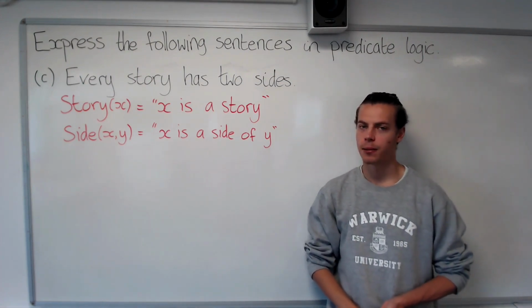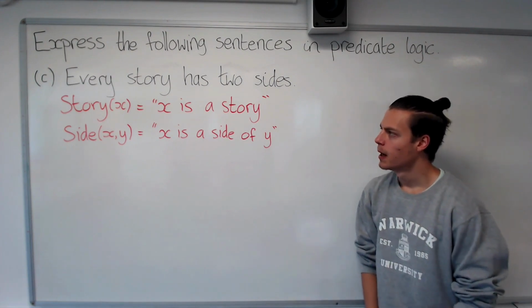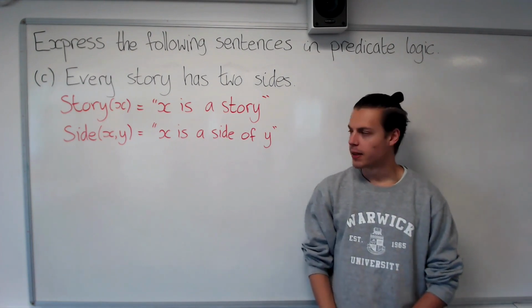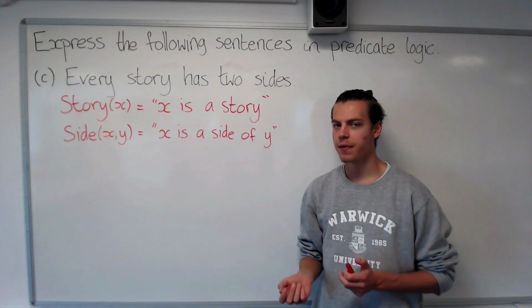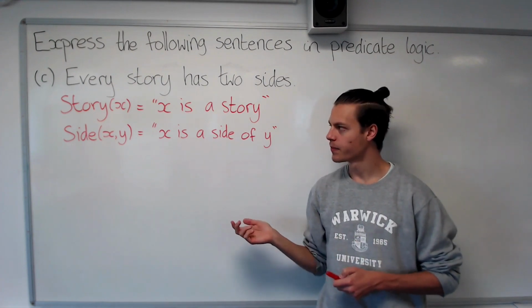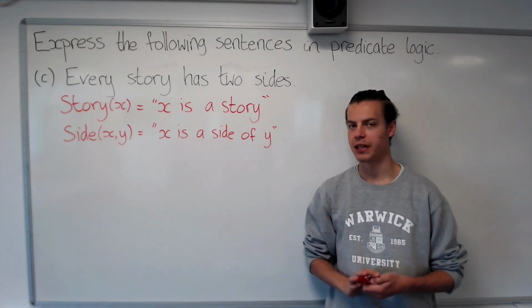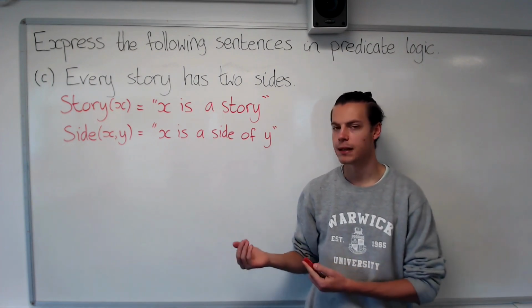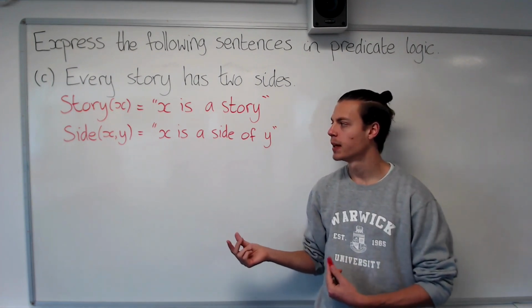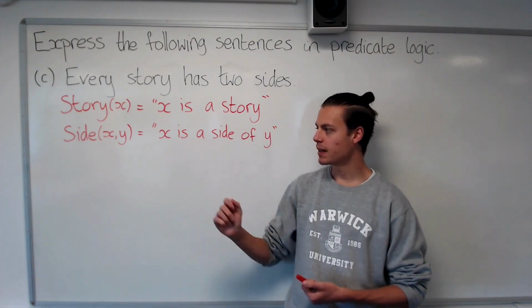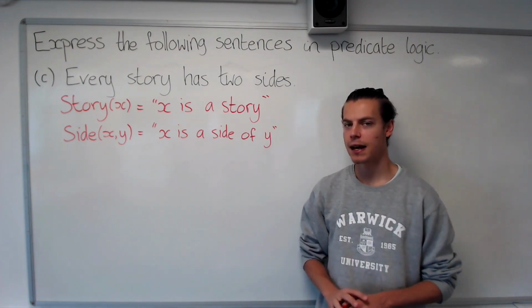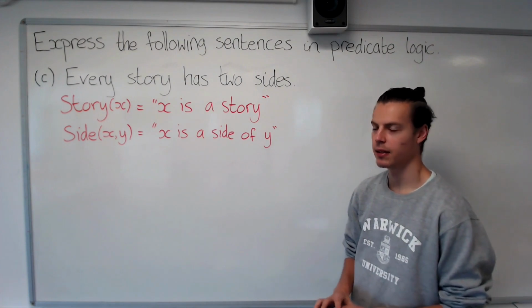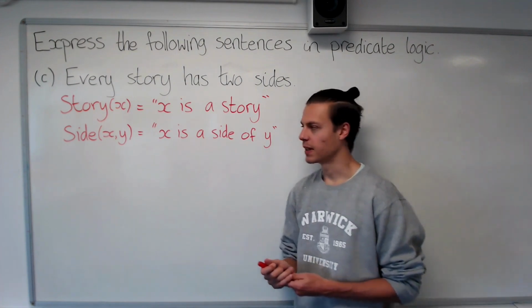Okay, now let's write our sentence. Every story has two sides. So for anything x, if x is a story, then there are two things, let's say A and B, such that A is a side of x and B is a side of x. Okay? Let's write that.